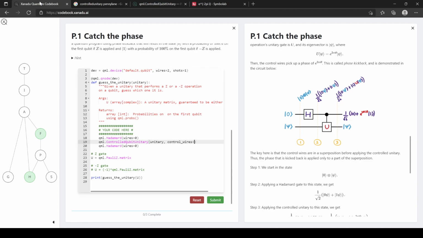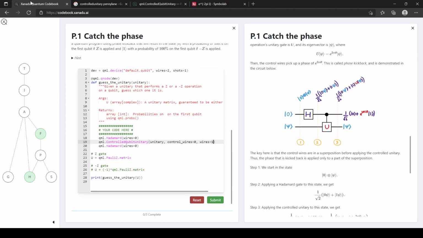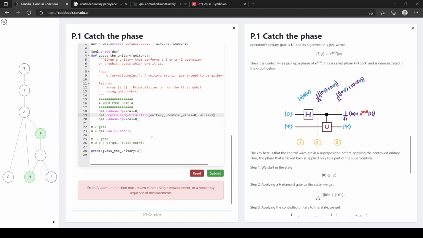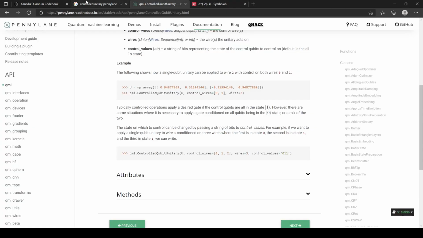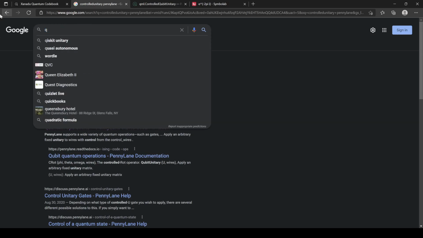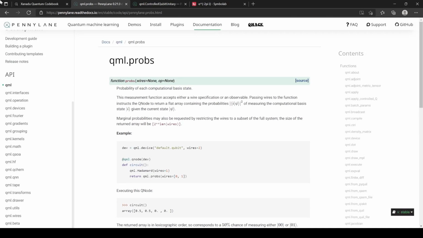Wires equals 0, 1. All right. Oh, is there a way I can just get the first 2 qubits?